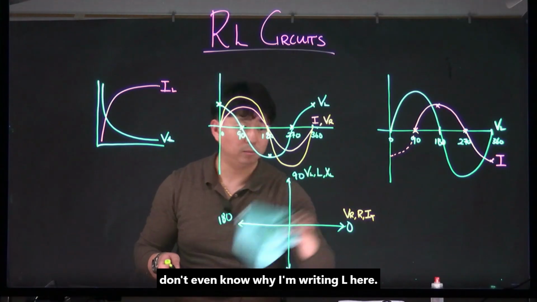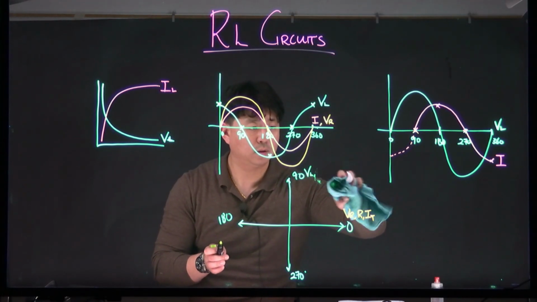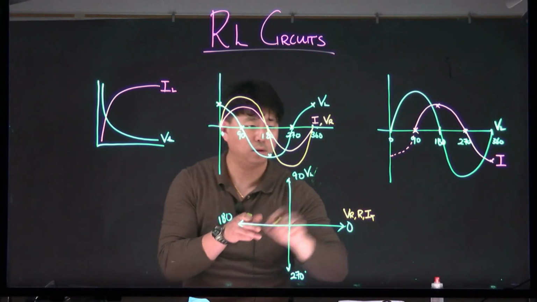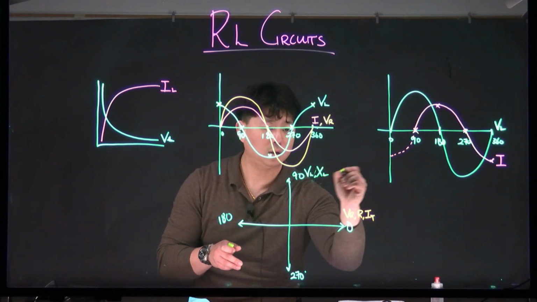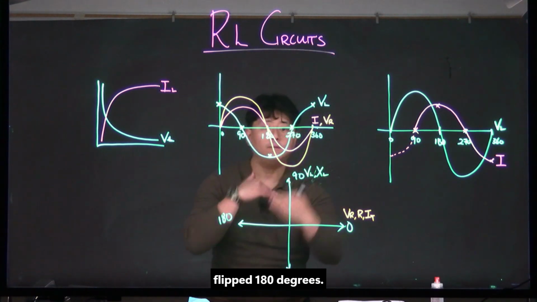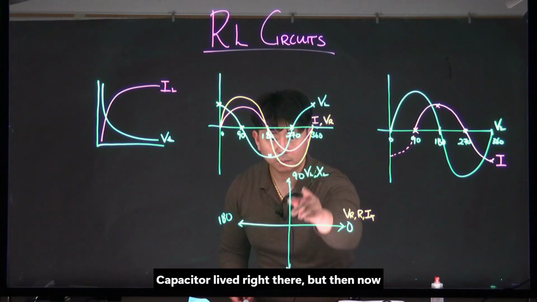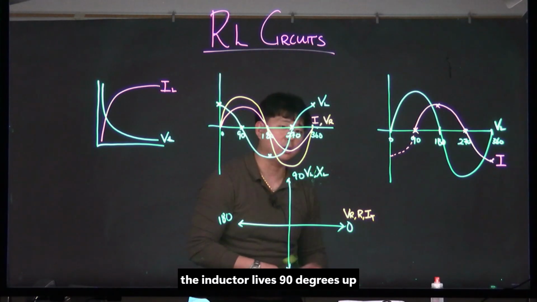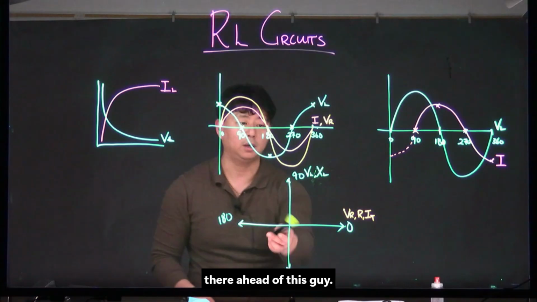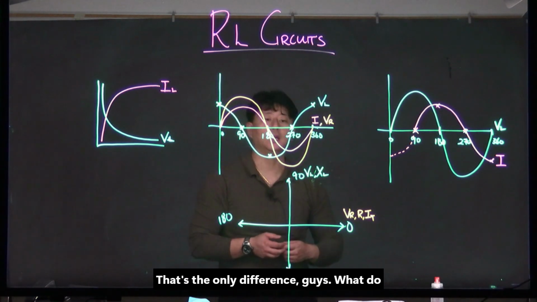XL and XL. Okay, makes sense? So it's flipped 180 degrees. Capacitor lived right there, but now the inductor lives 90 degrees up. They're ahead of this guy. That's the only difference, guys.